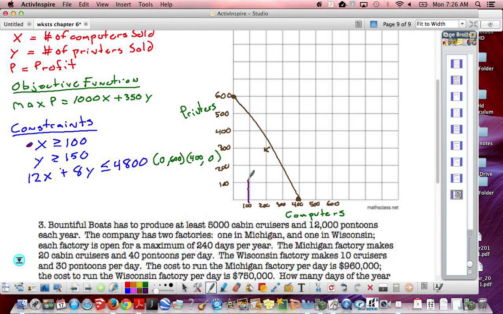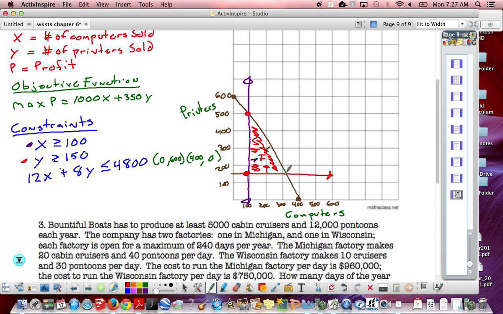So that's a vertical line, but it's a greater than, so I'm going in this direction. And then the other one, Y has to be greater than or equal to 150. Graph this one. It's got to be greater than, so my feasible region ends up being this triangle.